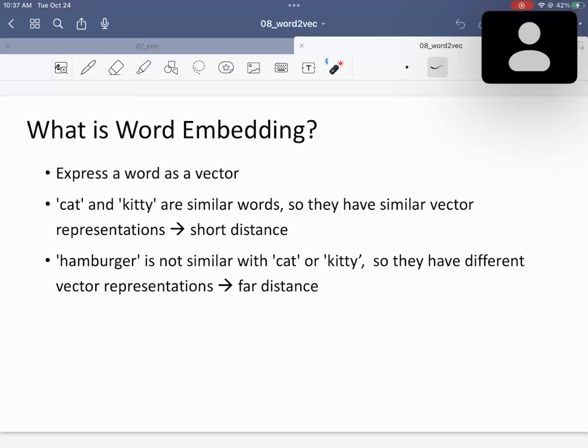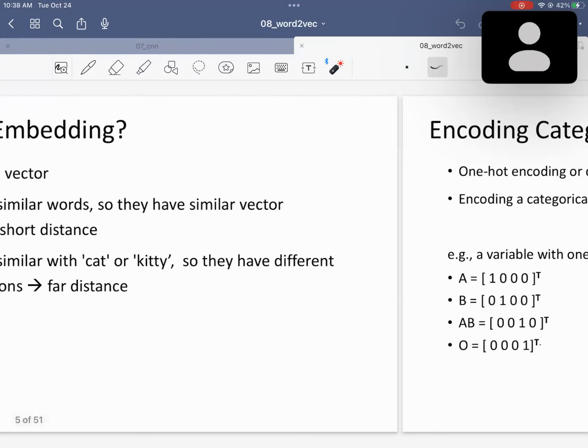But when we represent cat and kitty as vectors, those vectors should be close, meaning a short Euclidean distance, or high cosine similarity. Hamburger is not similar at all to cat or kitty, so hamburger and cat, or hamburger and kitty, should have very different vector representations: far in Euclidean distance or cosine similarity.